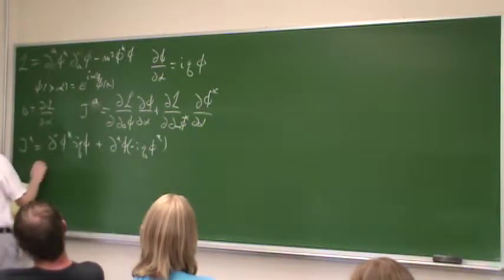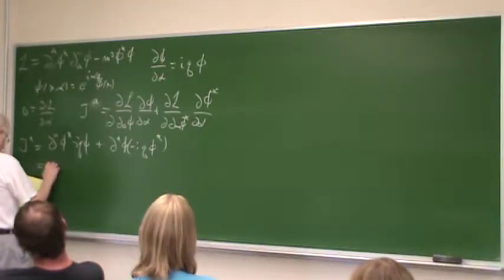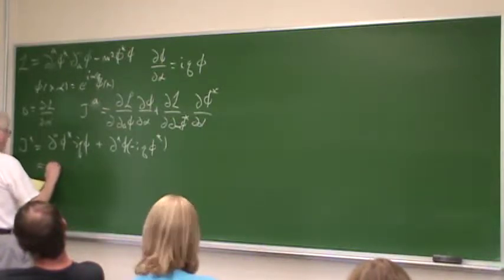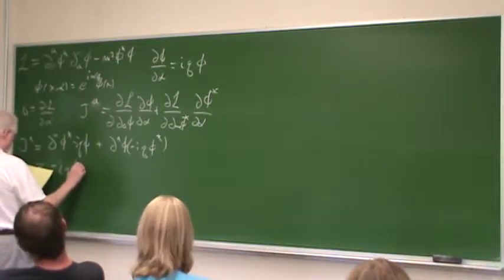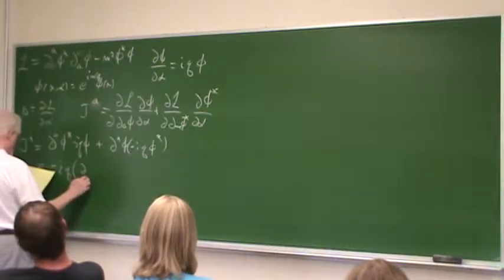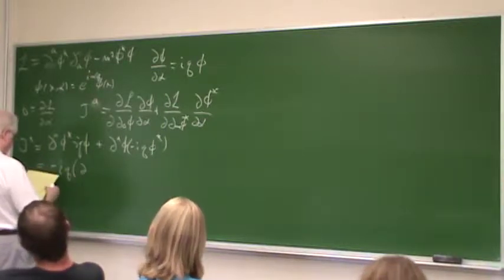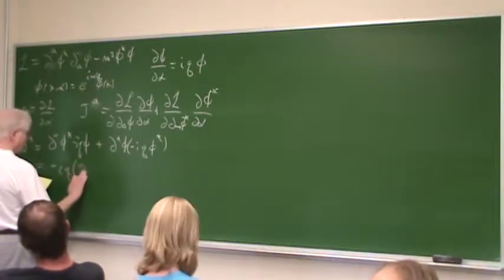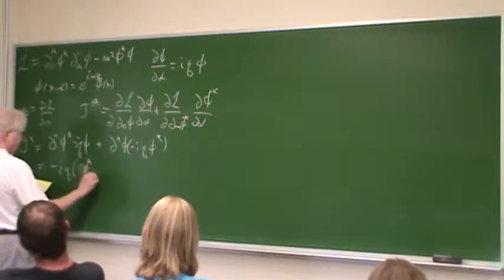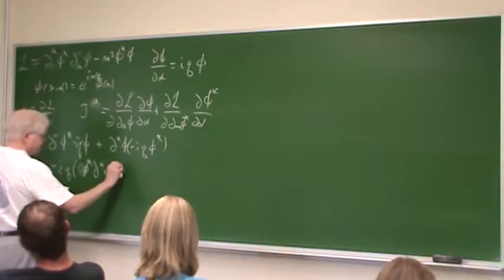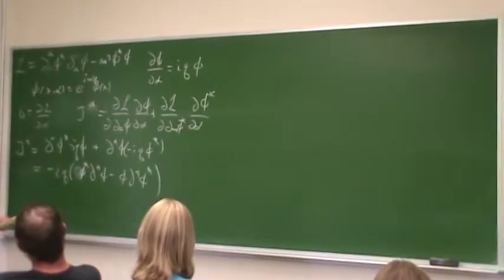And so our current here is, I'll write it as minus IQ, sorry, I was on the wrong line. Minus IQ, phi star d_A phi minus phi d_A phi star.